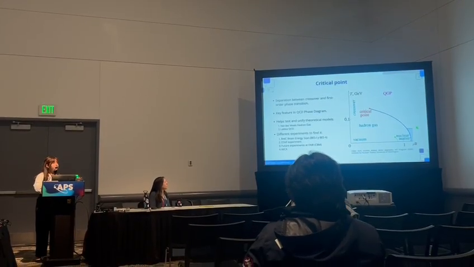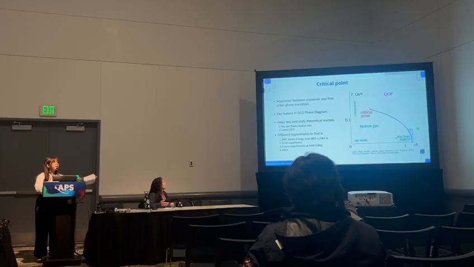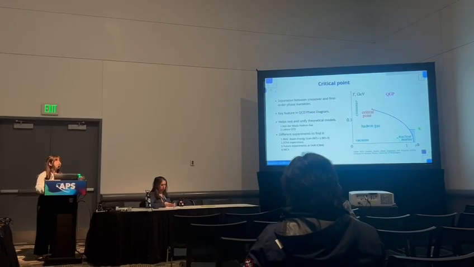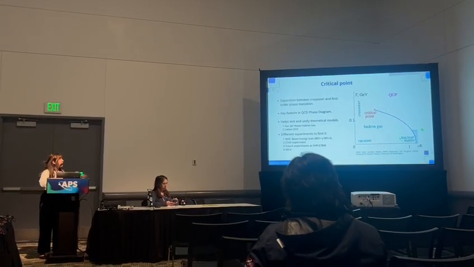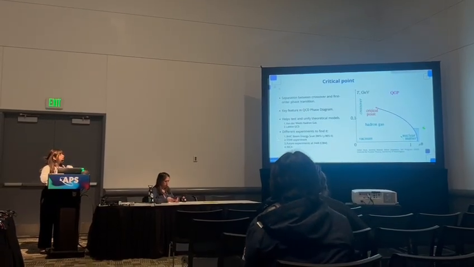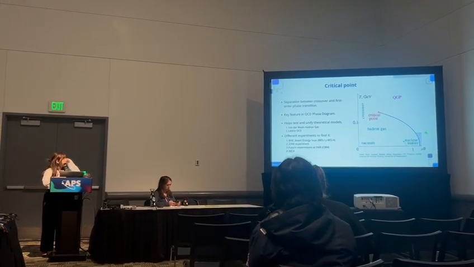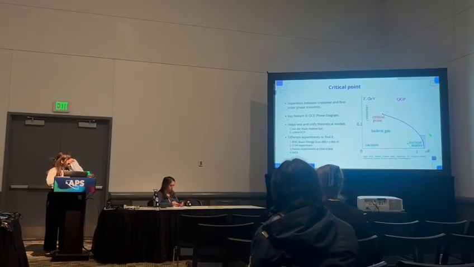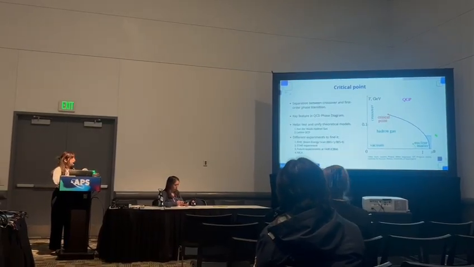It is a key feature in the QCD phase diagram because it can unify experimental and theoretical data. Different experiments have been run to find it at the Relativistic Heavy Ion Collider, the beam energy scan, and also the STAR experiment.